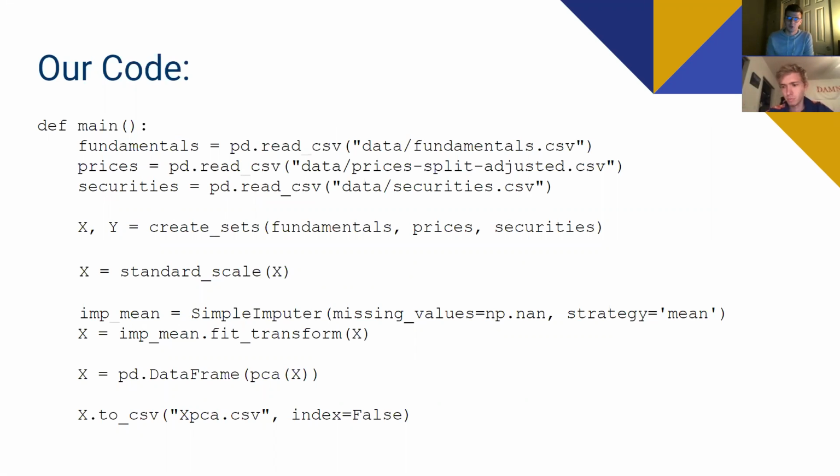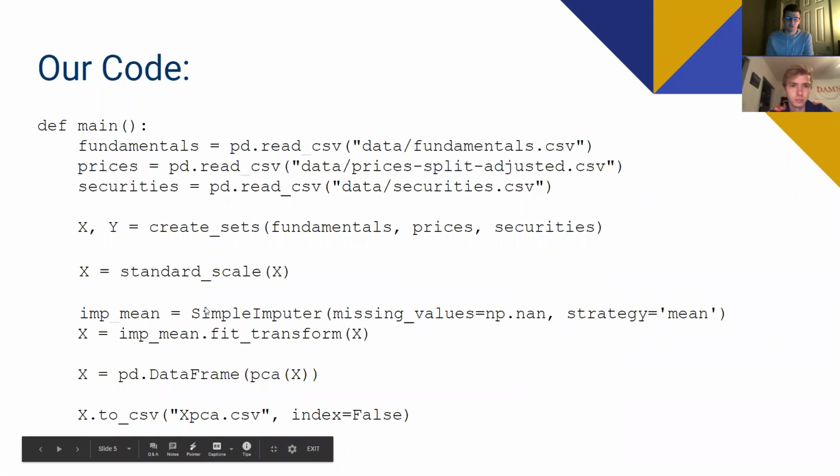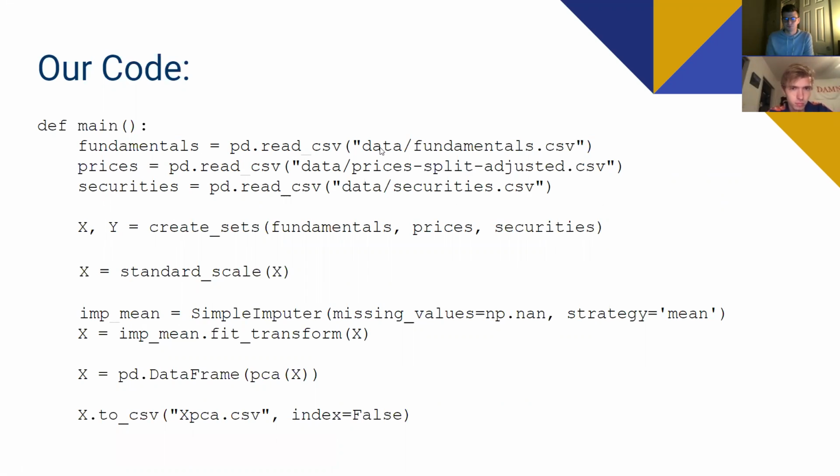Here's a bit of our code. It's mainly an overview of what we do. We read all those CSV files, and we have a function called create sets. It goes through each row of fundamentals, which is 4 years of fundamental data for every S&P 500 company, with about 80 different columns of financial reporting.